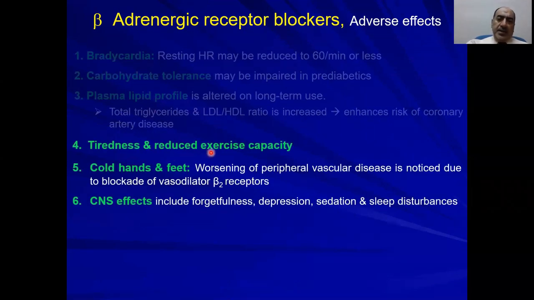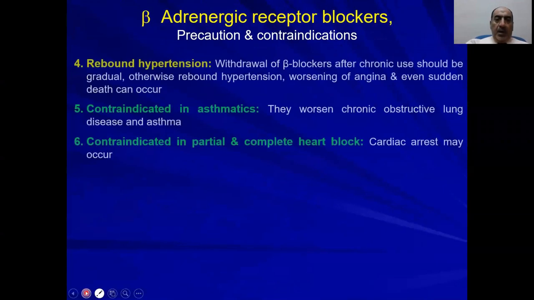Tiredness and reduced exercise capacity occur because of the decrease in heart rate and contractility. Cold hands and feet occur because of the prevailing activity of the vasoconstrictor alpha receptors, because I'm blocking the vasodilating beta 2 receptors. On the level of the CNS, they cause forgetfulness, depression, sedation, and sleep disturbances.